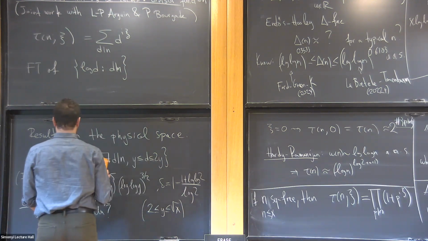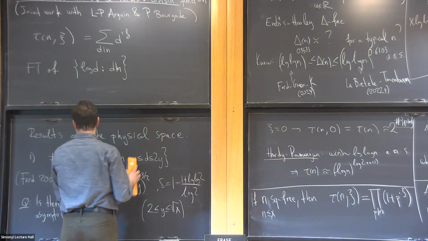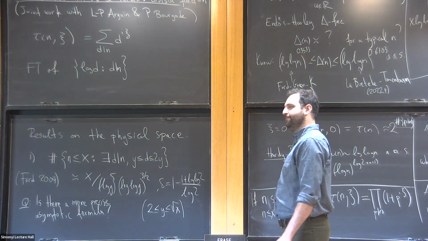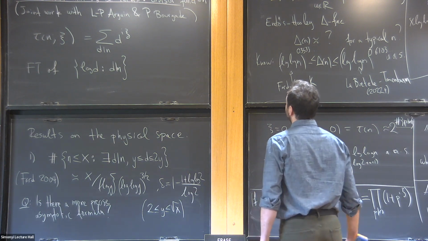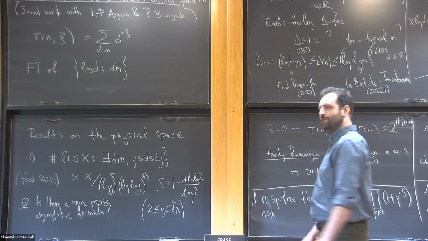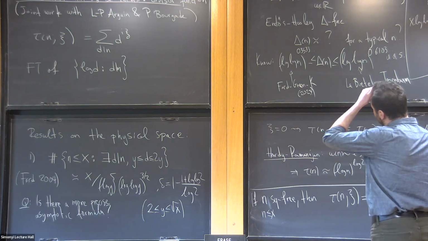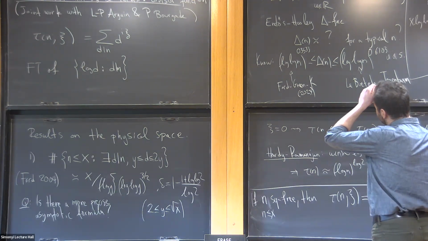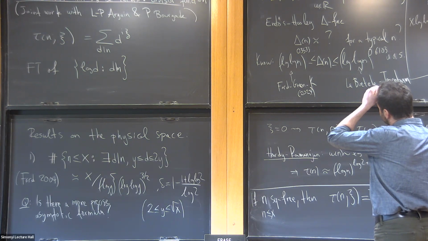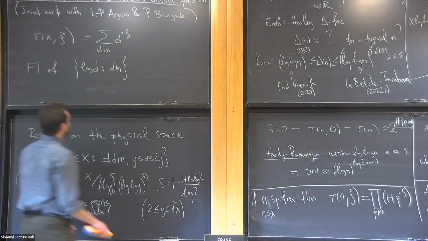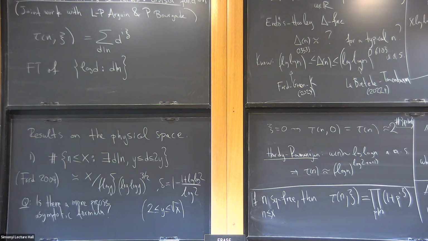You could replace p to the xc by a character, chi. Have you thought about that? No, I haven't thought of it. Okay, don't worry about it.